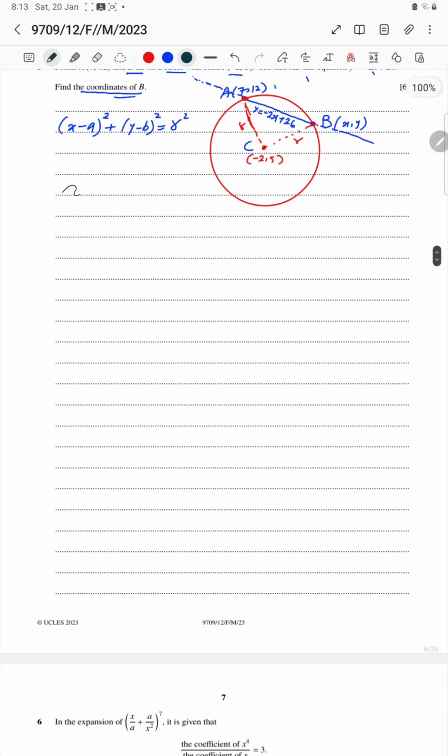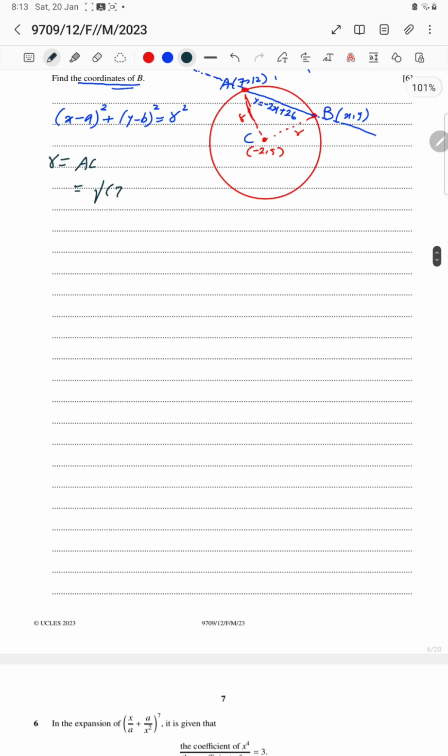So r will be equal to AC, that is the distance: square root of 7 plus 2 whole square plus 12 minus 5 whole square, 9 squared becomes 81, and 7 squared becomes 49, square root of 130.